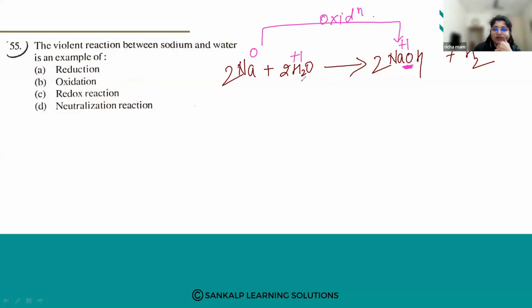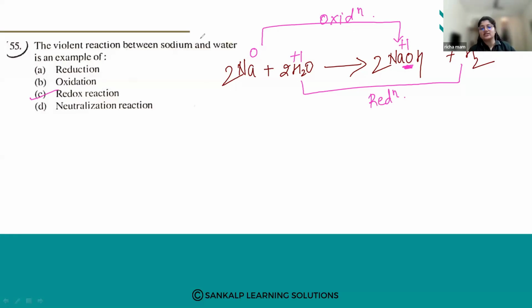And what is happening to water? It is getting reduced because there is a decrease in oxidation number. When you see a decrease in oxidation number, it is a reduction. So what type of reaction is it? It is a redox reaction, both oxidation and reduction. What is a redox reaction?